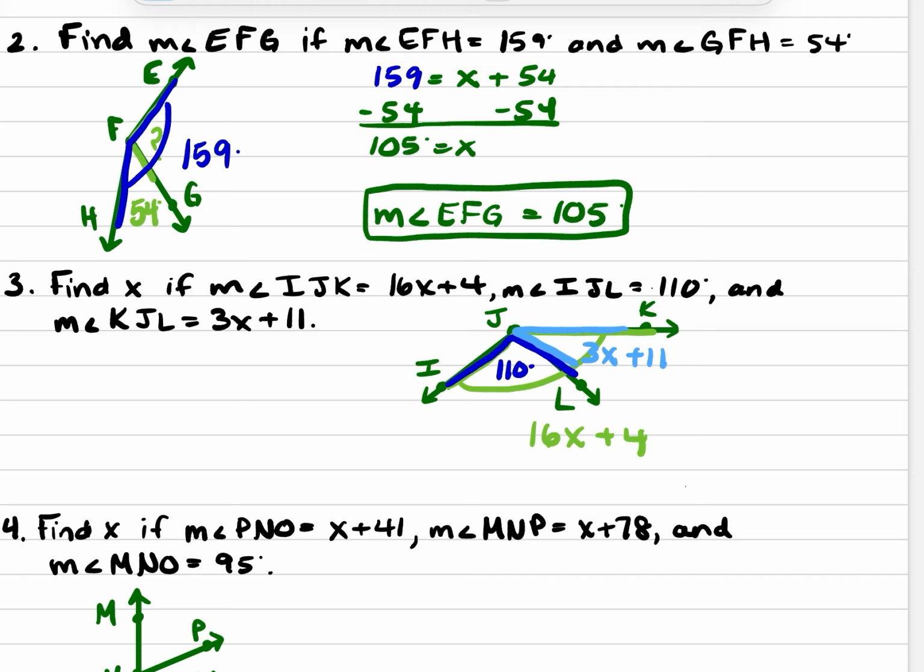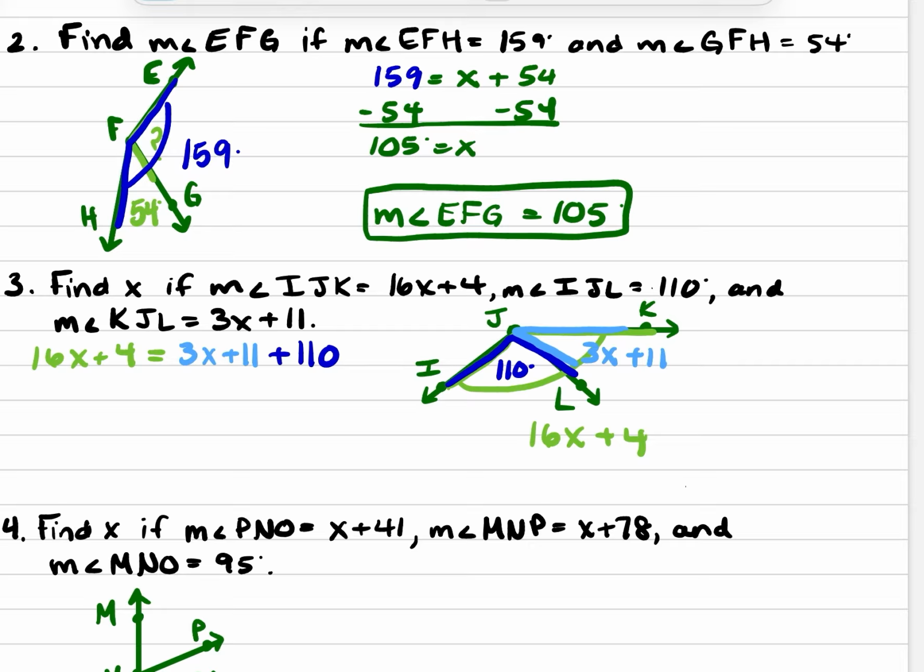Well, we know that the biggest angle is represented with 16x plus 4, and that's going to be equal to 3x plus 11 plus 110. The two smaller angles make up the whole angle. So angle 1 plus angle 2 is equal to angle 3.